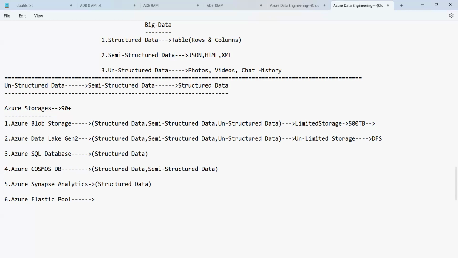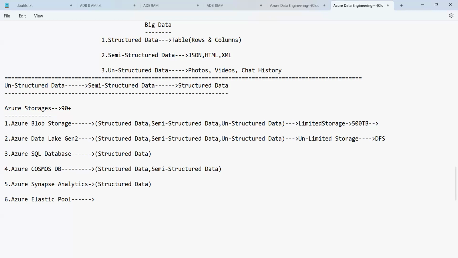See, there is one production database, one sales database, an inventory database, a purchase database. Likewise, there is a group of 100 databases, and you want to store all those 100 databases in one place. That place is called an elastic pool. The elastic pool can store only structured data; no other type of data is supported.